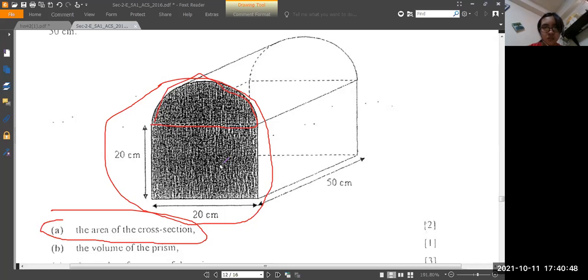So yeah, what's the area? Yeah, quickly do it.